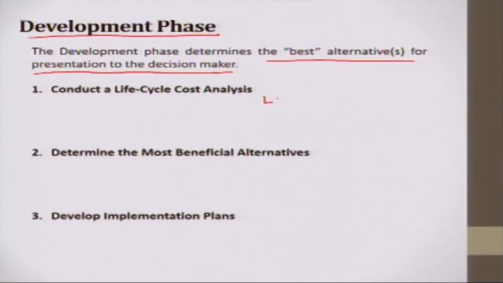Life cycle cost is purchasing cost plus operating cost, plus disposal or replacement cost.